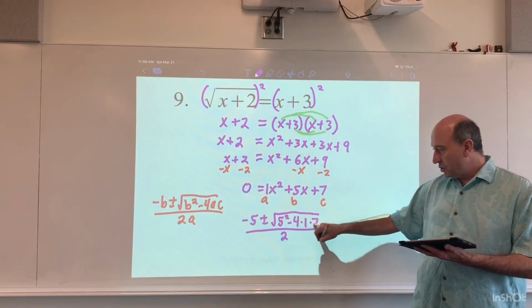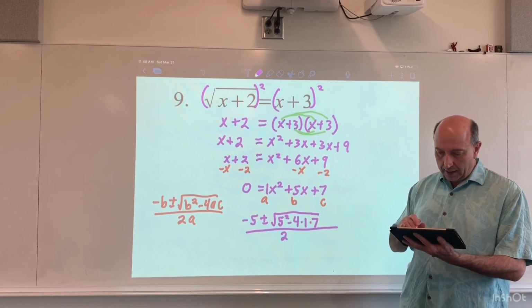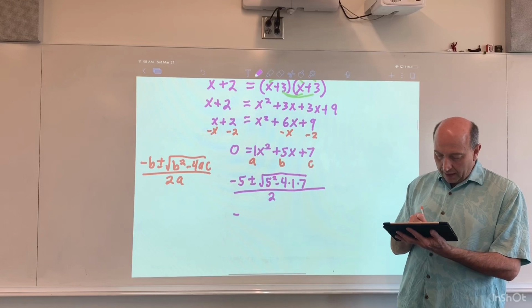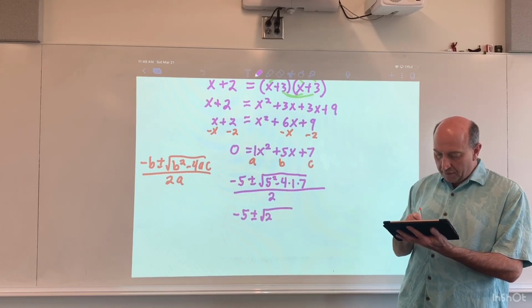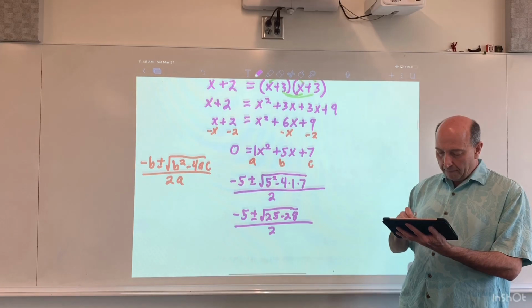So remember, this is where you have to be careful of not mixing up your signs or making a mistake. So I have negative 5 plus or minus the square root of 25 minus 28 all over 2.